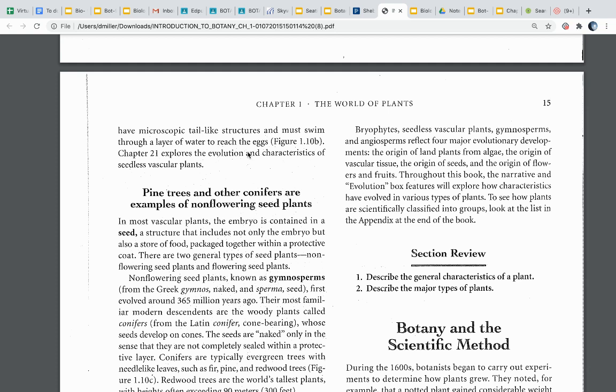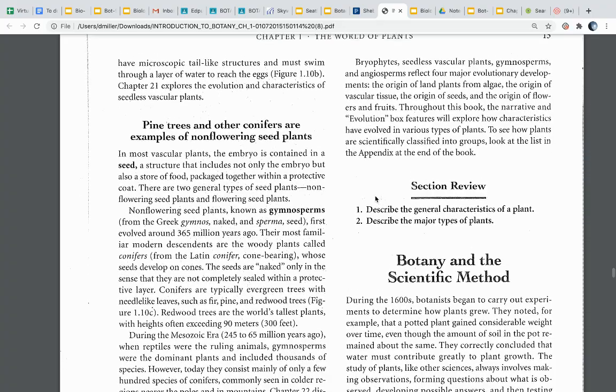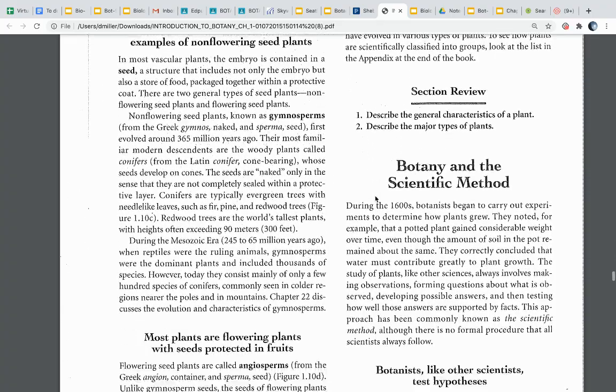Throughout this book, the narrative and evolution box features will explore how characteristics have evolved in various types of plants. To see how plants are scientifically classified into groups, look at the list in the appendix at the end of the book.